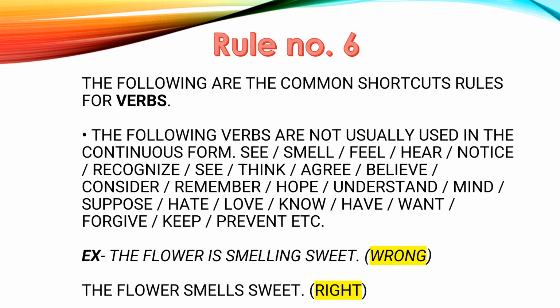The following verbs are not usually used in the continuous form: see, smell, feel, hear, notice, recognize, think, agree, believe, consider, remember, hope, understand, mind, suppose, hate, love, know, have, want, forgive, keep, prevent, etc. For example, "The flower is smelling sweet."